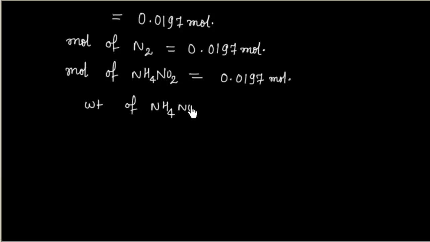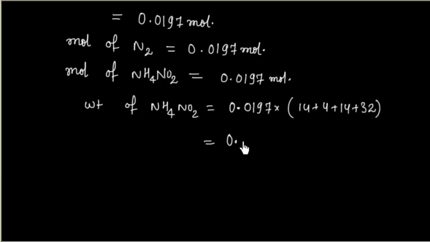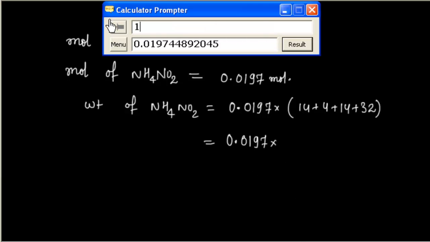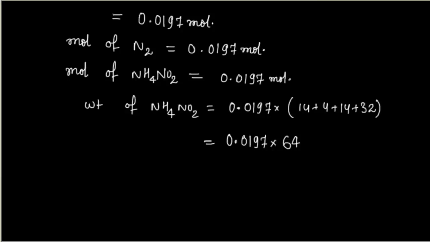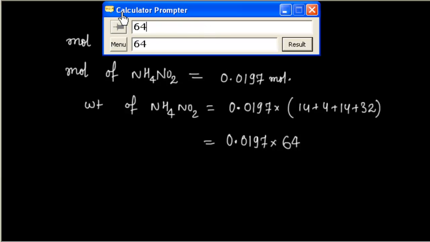Now we can calculate the weight of NH4NO2, and this is mole multiplied by molecular mass, and the molecular mass is 14 plus 4 plus 14 plus 32. So let us say 14 plus 4 plus 14 plus 32. So this is 64. So we will have 64 multiplied by 0.0197, and this gives you 1.26 gram.